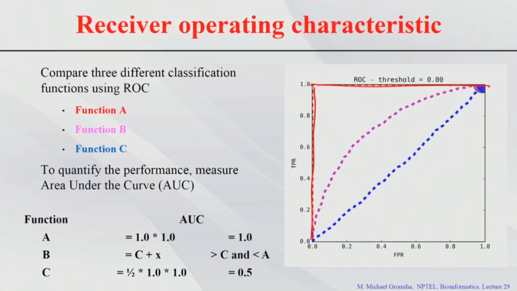If we take the blue one, it is completely random, because both the values are the same. In this case, it is 50% of this full square, where 50% means this is equal to 0.5. So, this will be 0.5, and if we take the magenta one, function b, what will be the value?